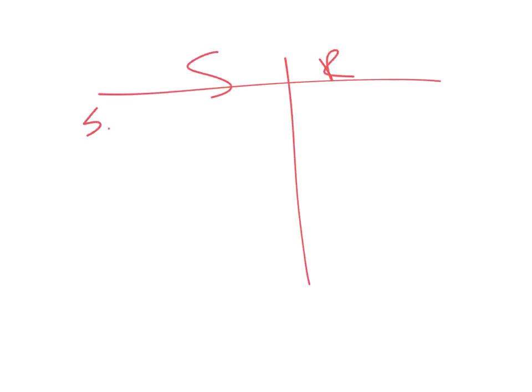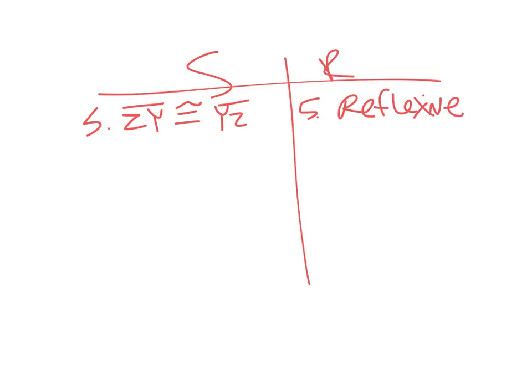This is number 5. We can say that ZY is congruent to YZ because of the reflexive property of congruence.